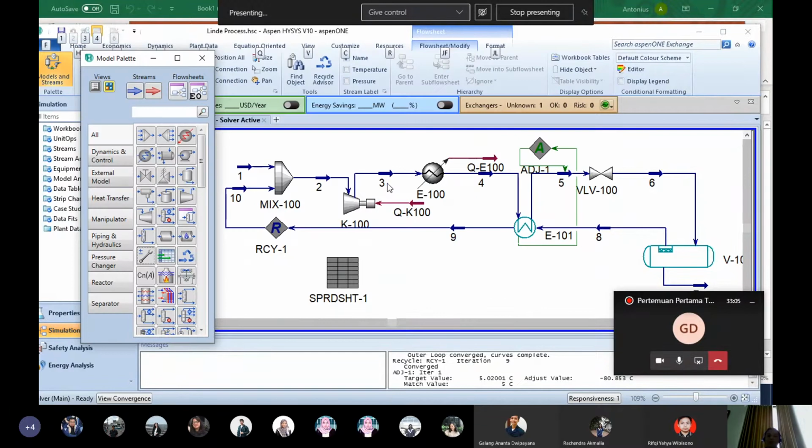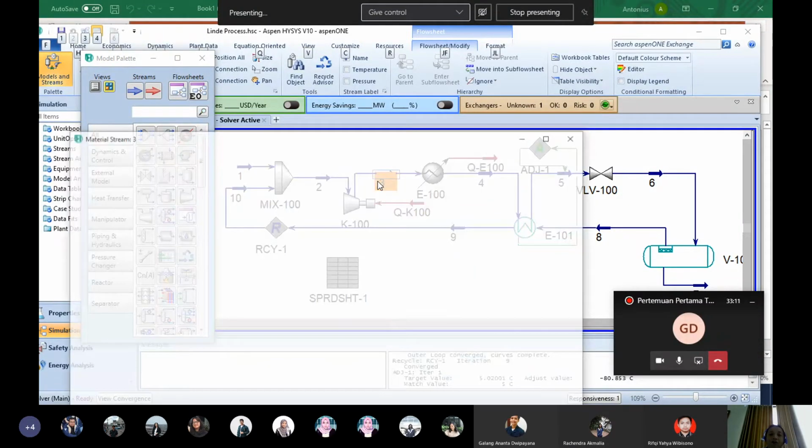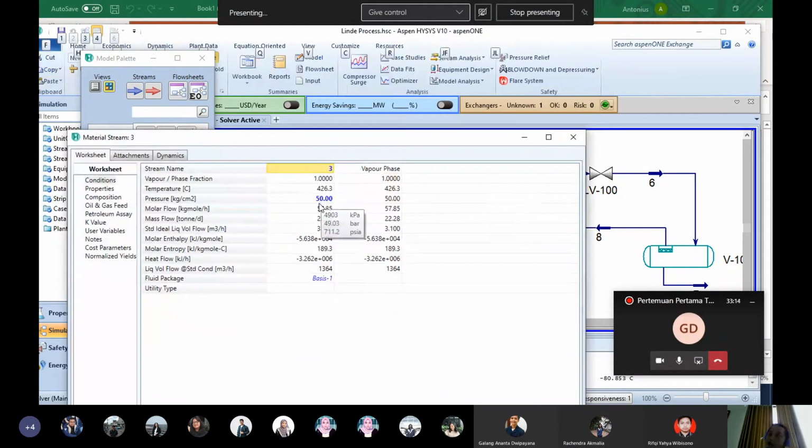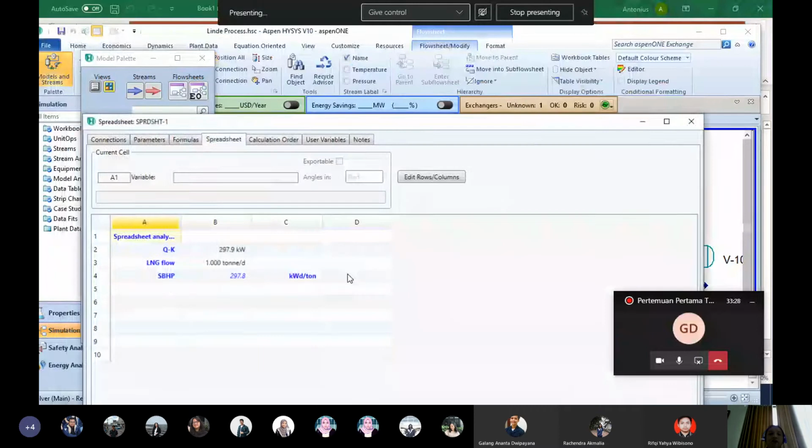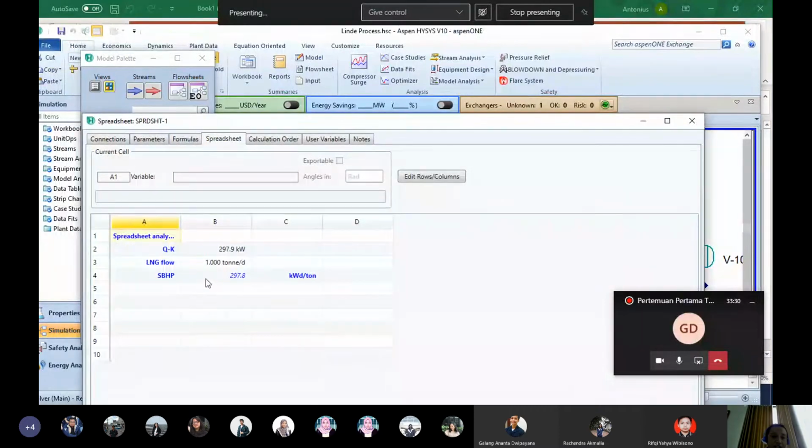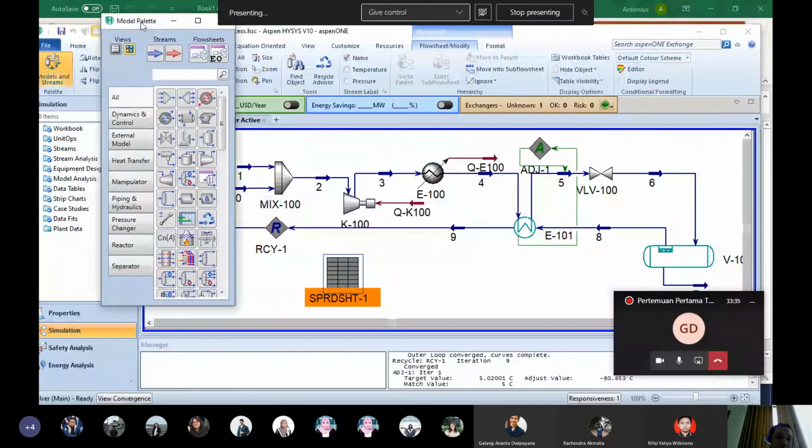Remember in the previous simulation, in P3, pressure stream number 3, we defined directly, for example, 50. Now we have to change it from 50, 60, 70, 80, 90 until 100. And then what is the influence on the value of HPHP? So how to do that?